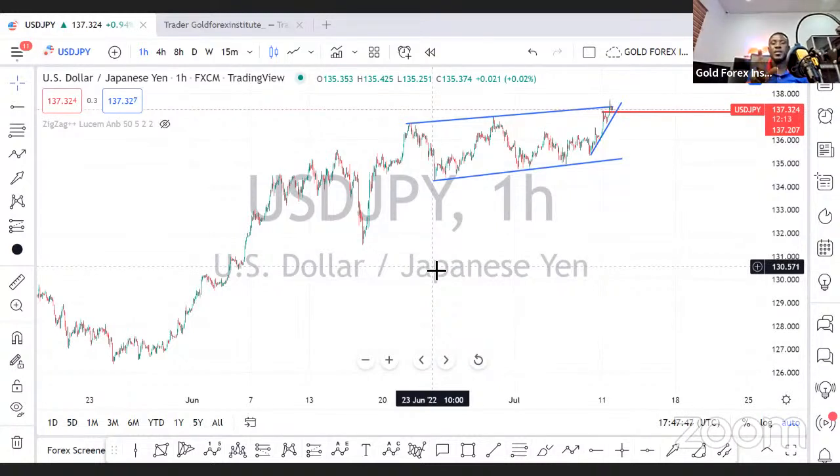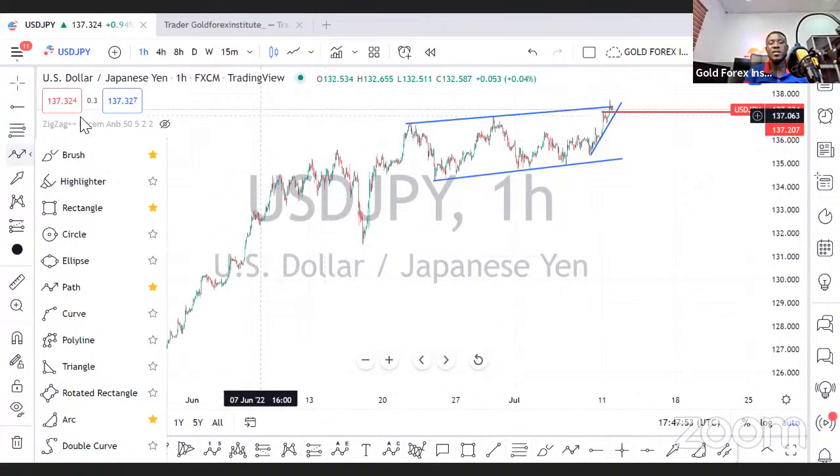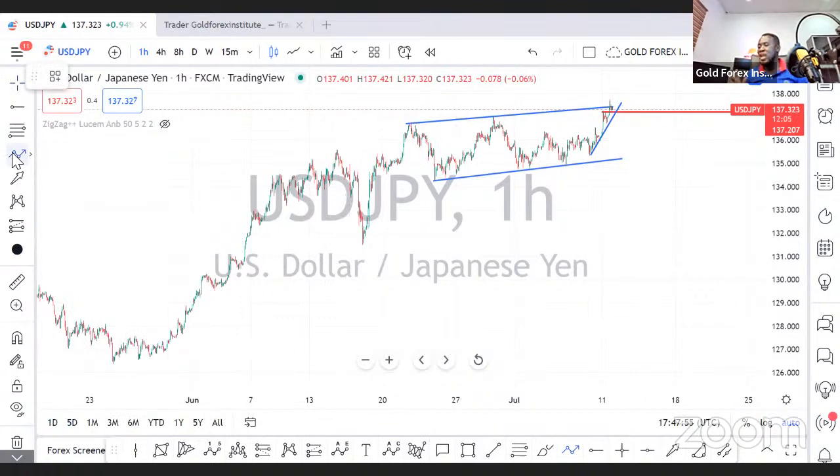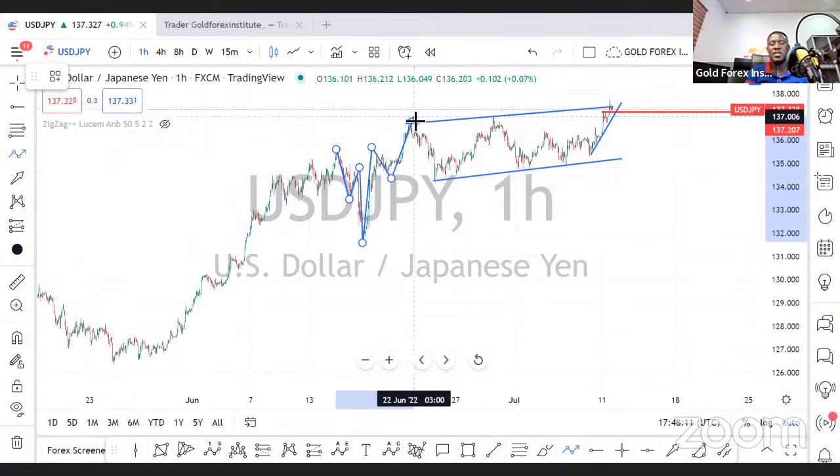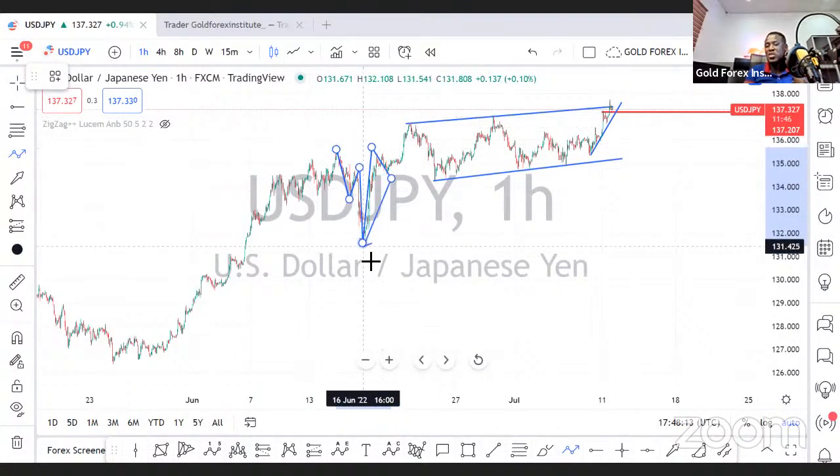A, B. Now, this was A. Remember I told you that the C wave of the corrections is 5 waves, right? So if you have ABC here, from here to here is A, and B is this one.